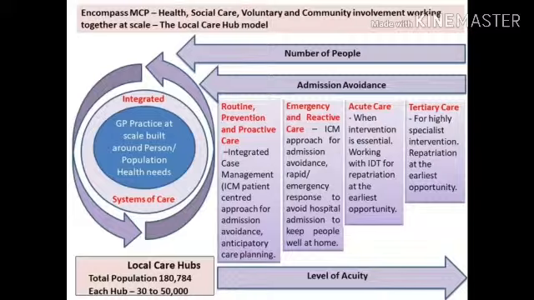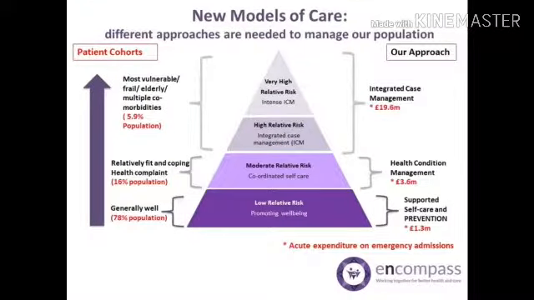And then the last box on the right is tertiary care, and we'll always need that for a very few of the population, for highly specialist intervention, but the same goes for them, repatriation at the earliest possible opportunity. So as you go from left to right, your level of illness or acuity is going up, but as I said, our raison d'etre was to work towards the left, and that was emergency admission avoidance and the greatest number of people being kept fit and healthy in the community.